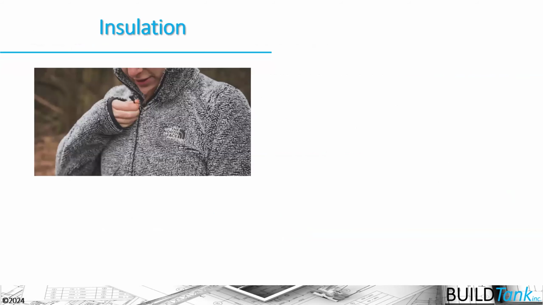Well, it's because insulation in our homes works exactly the same way that insulation on our bodies works. So this person has a fleece jacket, and the objective of the fleece jacket is to trap a pocket of air. And it really doesn't matter if it's a fleece jacket or a wool sweater or a down parka or a cotton sweatshirt.